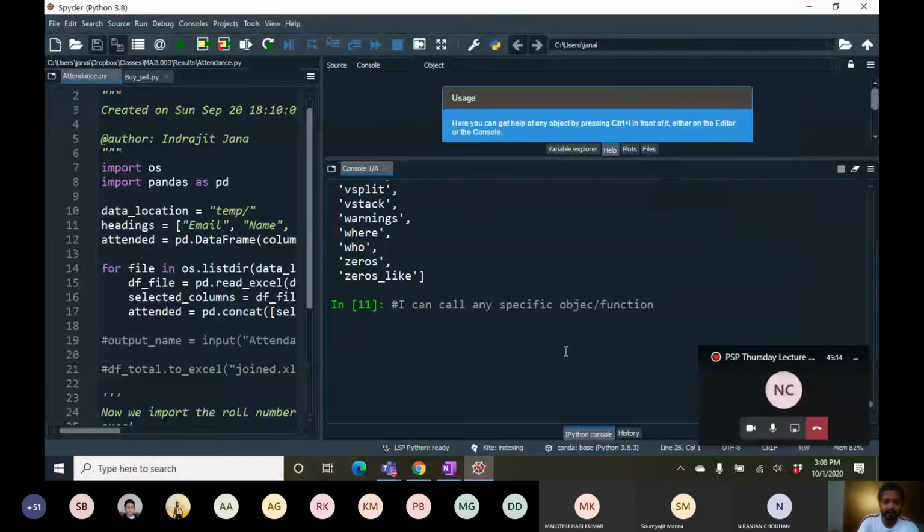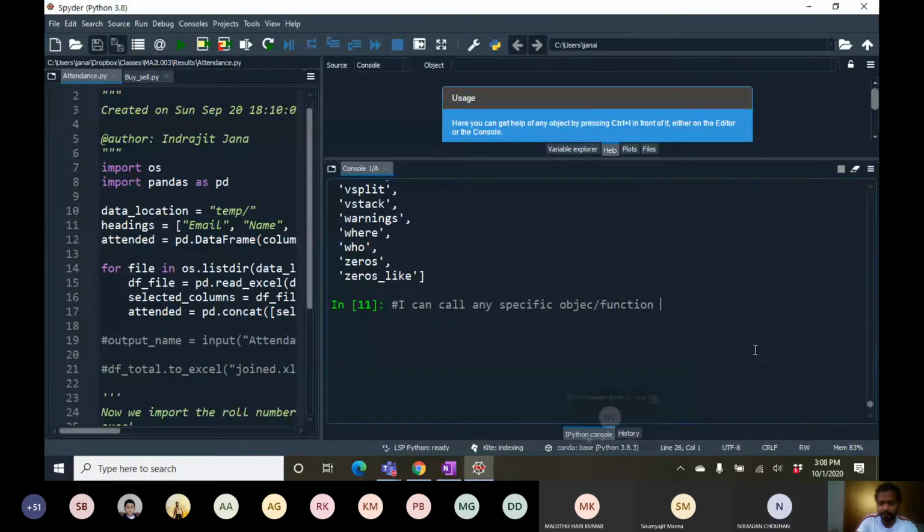I can call any specific object or function by typing the module name, dot, the function. For example, if I type np.random, it will tell me what this is.